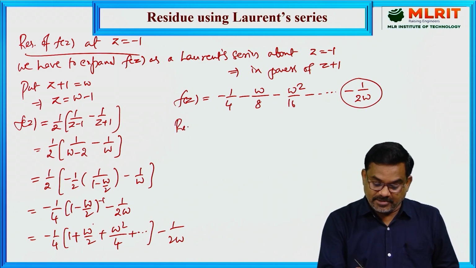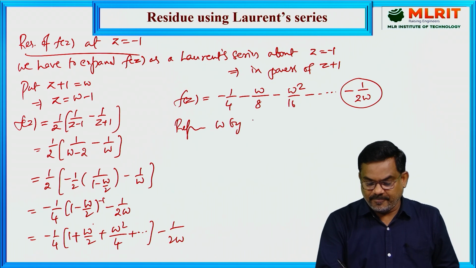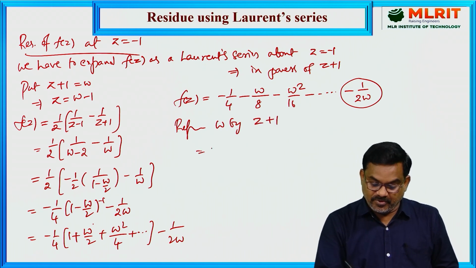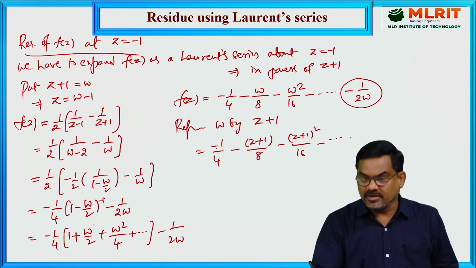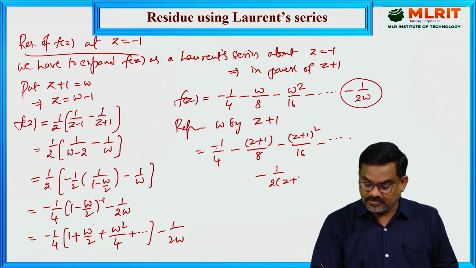So replacing w by z plus 1, we get minus 1 by 4 minus z plus 1 by 8 minus z plus 1 whole square by 16 and so on, minus 1 by 2 into z plus 1.